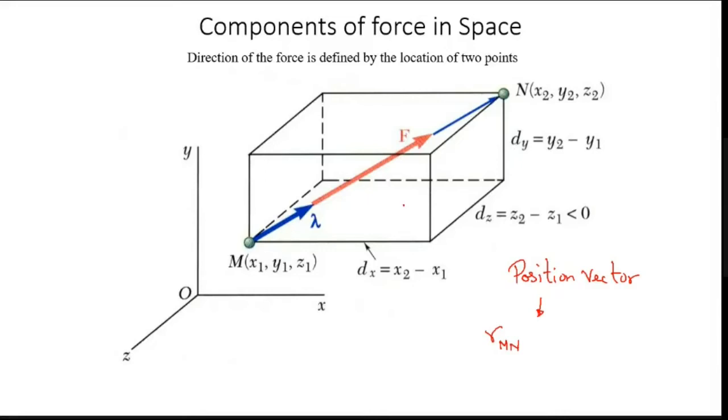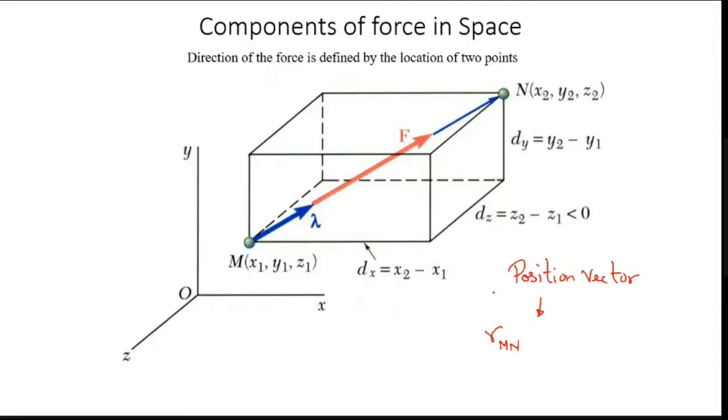For example, now if I identify the position vector for this m, n, what happens? I am going to subtract the m coordinate system from the n coordinate system, which means x2 minus x1 i vector, y2 minus y1 j vector, and z2 minus z1 k vector. This is my position vector.